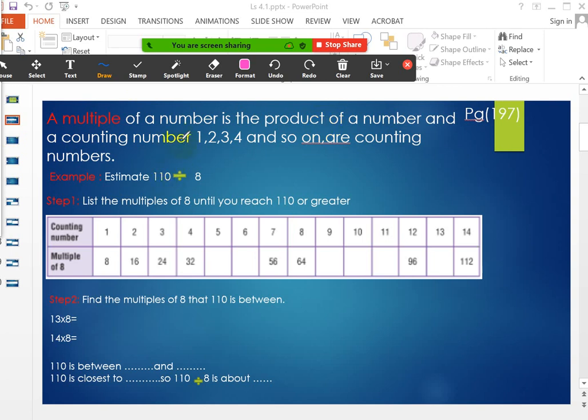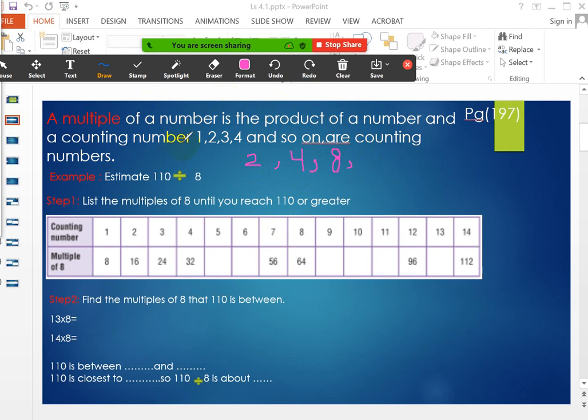That means if I asked you what is the multiple of number 2, the multiple of number 2 is 2 multiplied by 2 equals 4. So it's 2 and 4. Now 4 multiplied by 2 is 8. So this is the multiple. The multiples are numbers or the product of a number.